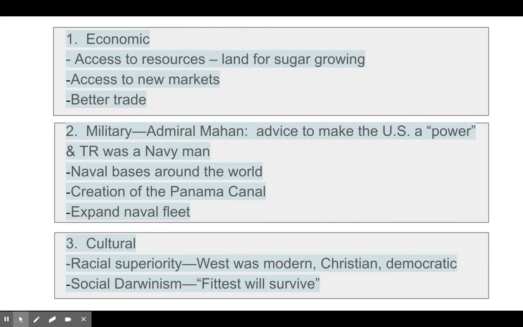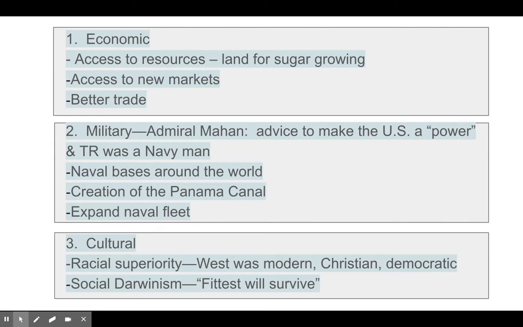We're going to see that in Hawaii, some in Puerto Rico, and some in Cuba. Hawaii also has land to grow pineapples and things like that, and we'll get into that in the coming days. Access to new markets.